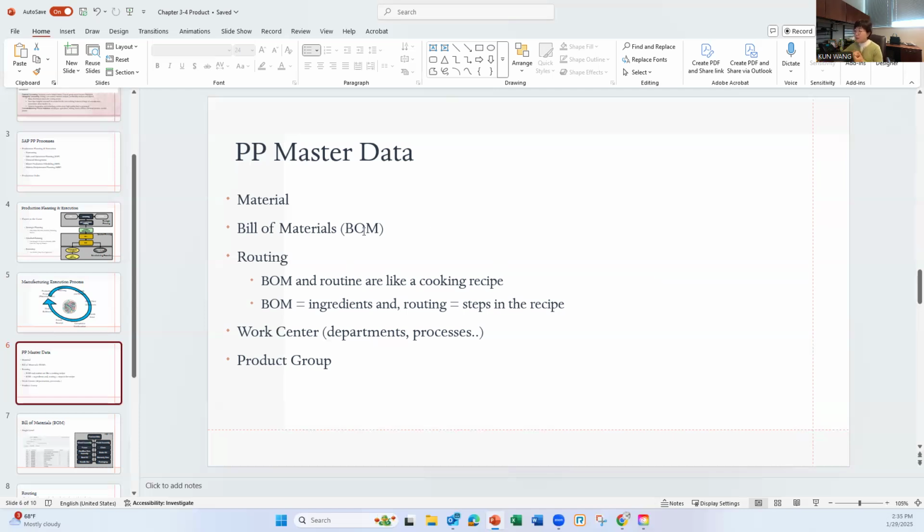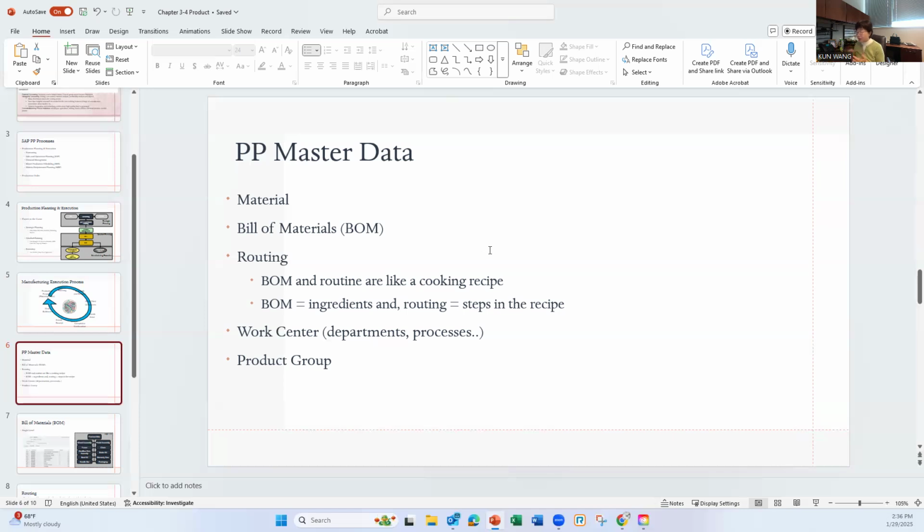And also, I believe our ebook mentioned that BOM is a widely adopted master data in the ERP system for material planning. And then for the labor and the processes, they call it routing under SAP. So routing is like the steps or the processes needed.